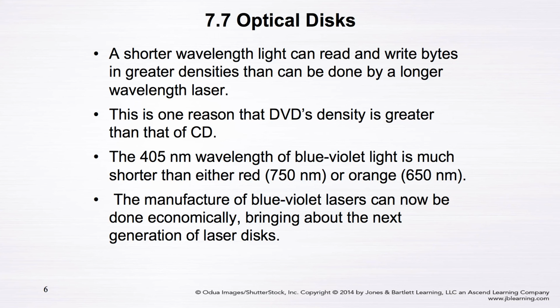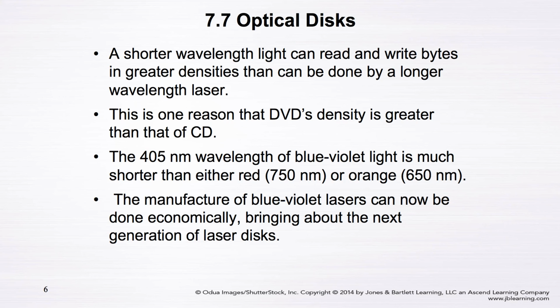The 405 nanometer wavelength of blue violet light is much shorter compared with the red light at 650 nanometer or the 780 nanometer infrared in the CD.